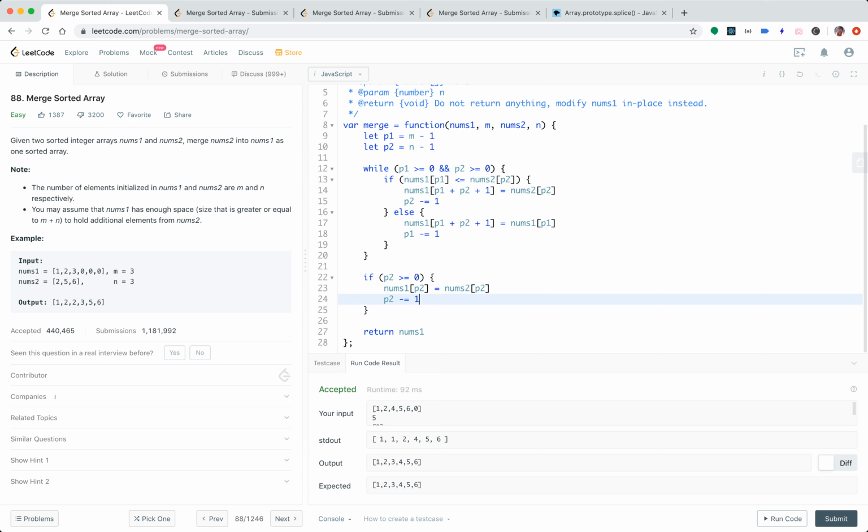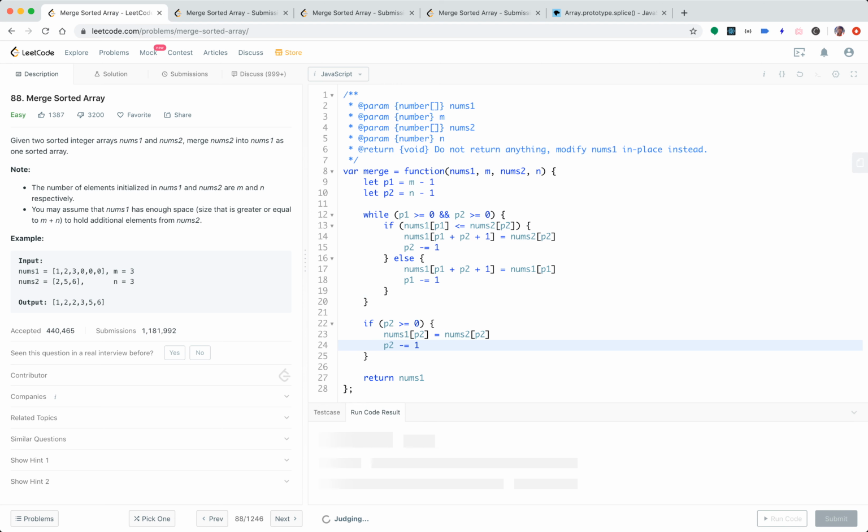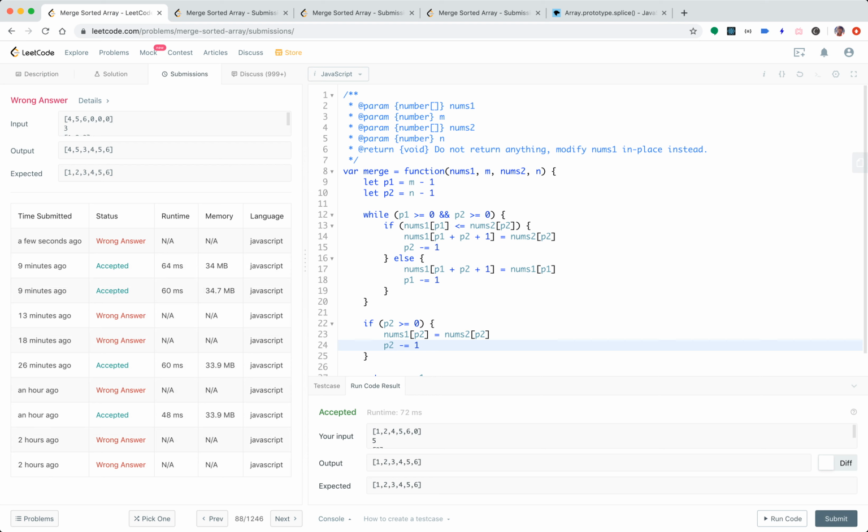If that's the case, I think p1. Yeah, that's it. It might be right. Oh, it is wrong. Five, 4, 6. We got 4. Something is wrong.